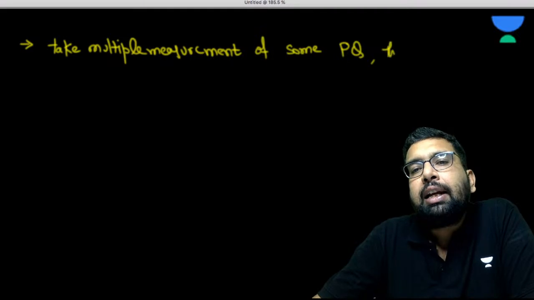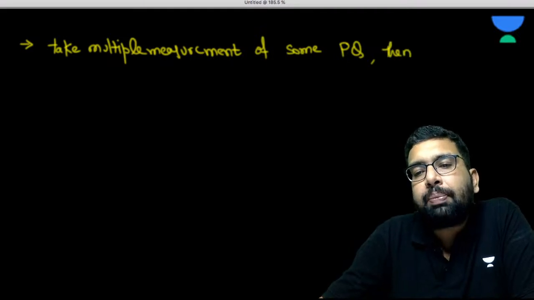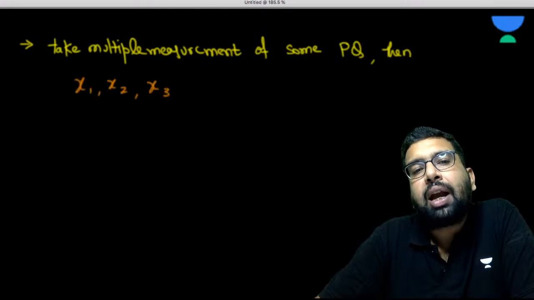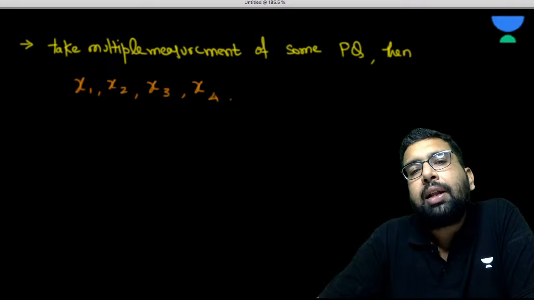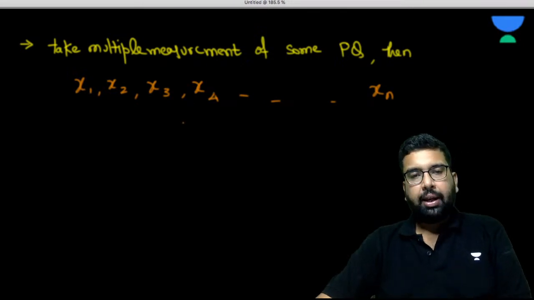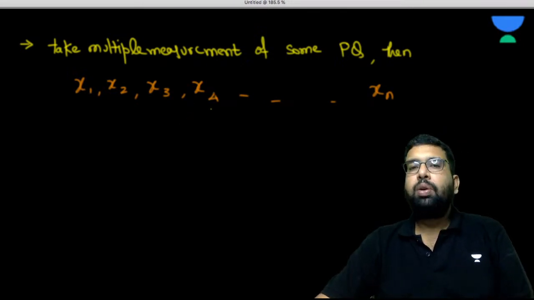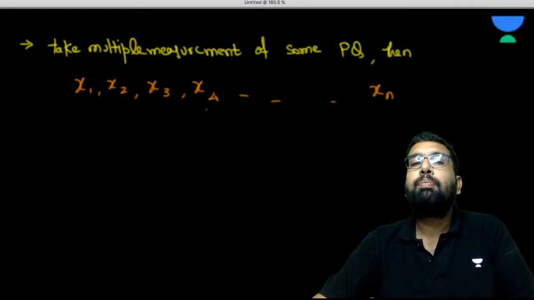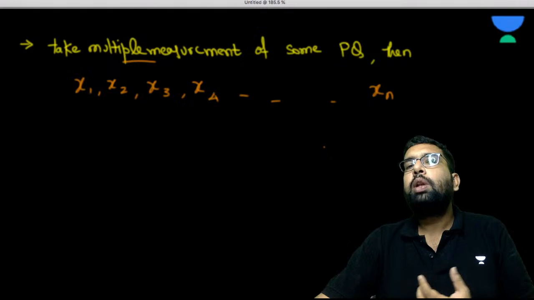So let's suppose we have x1, x2, x3, x4, and similarly xn. So you have taken the multiple measurements.